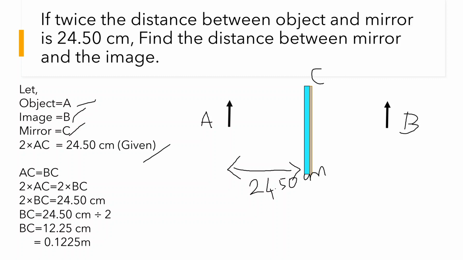We didn't do anything, that is given. And AC is equal to BC, right? AC is equal to BC.